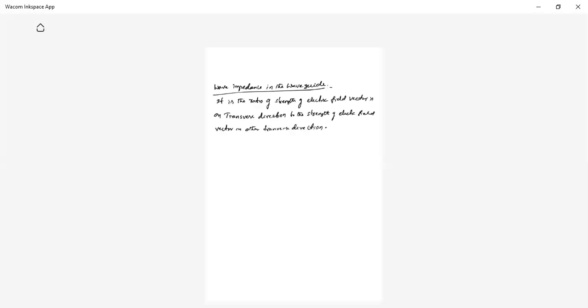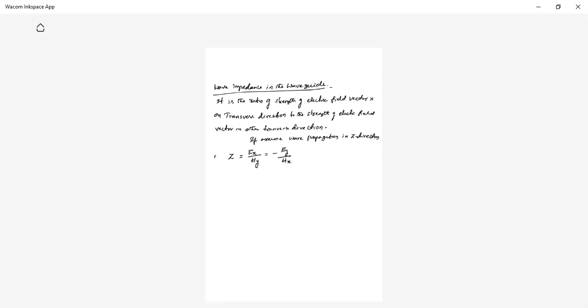If you assume wave propagation in the z direction, then you can write Z equal to Ex by Hy, or equal to minus Ey by Hx.